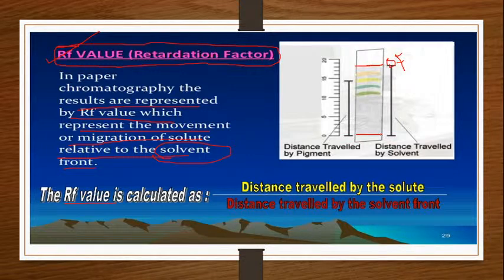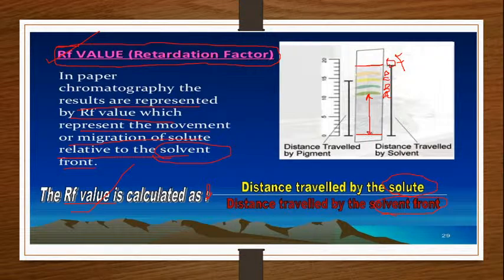Now, the RF value can be calculated as the ratio of the distance traveled by the solute, remember, solute in the numerator, to the distance traveled by the solvent front. If you want to calculate the RF value for any sample, suppose this is compound A, this is B, this is C, and this is D. The distance traveled by A is this much, from this to this.